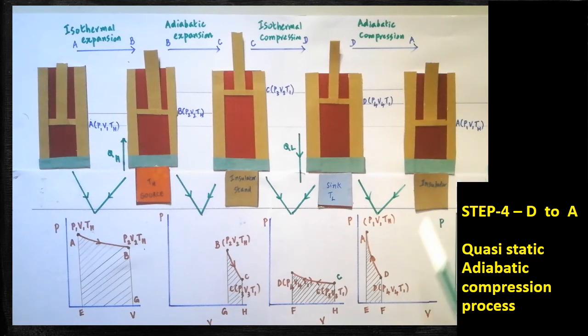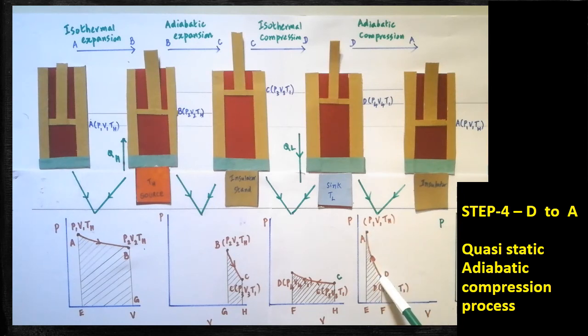After compression, what happens? The pressure increases, volume decreases. Now the new pressure is P1, new volume is V1, the new temperature is TH. So this curve basically shows a curve for adiabatic compression process.